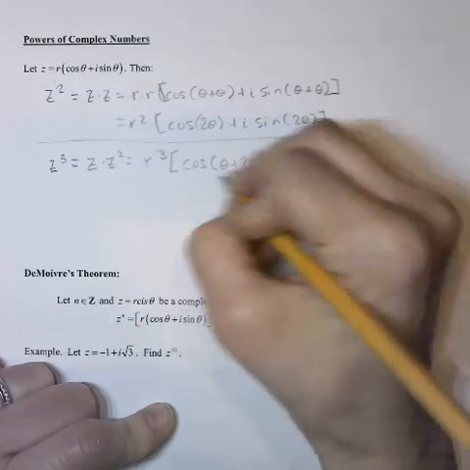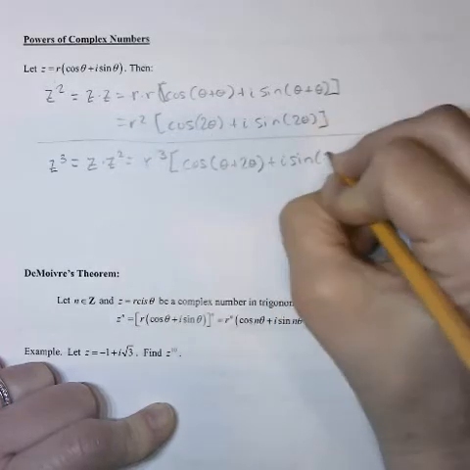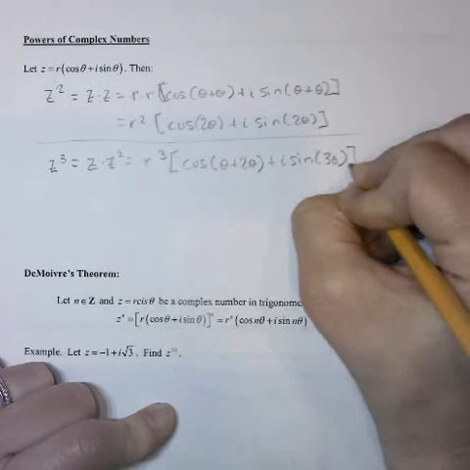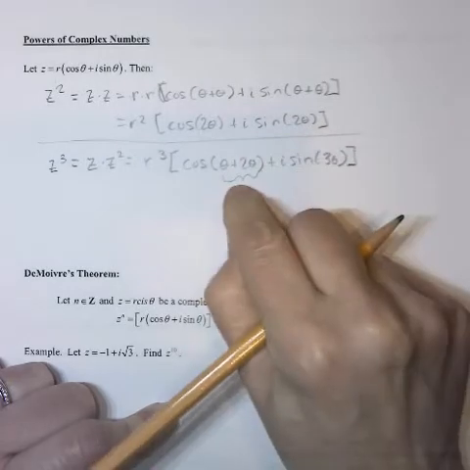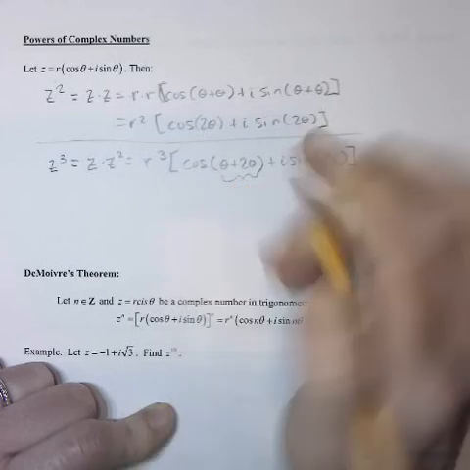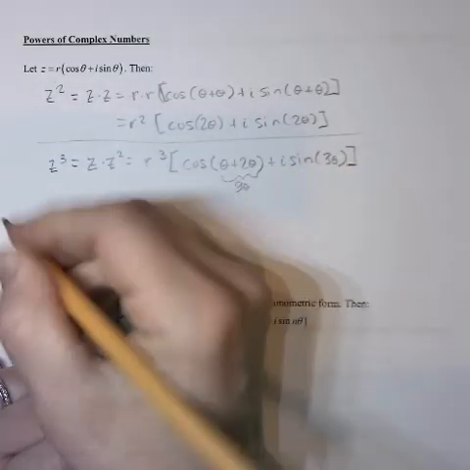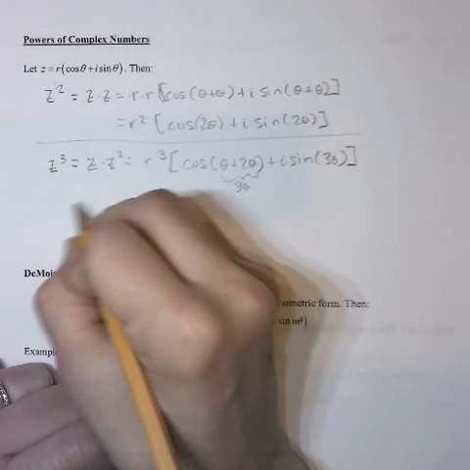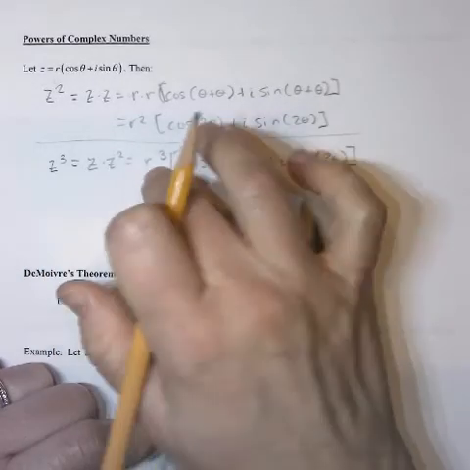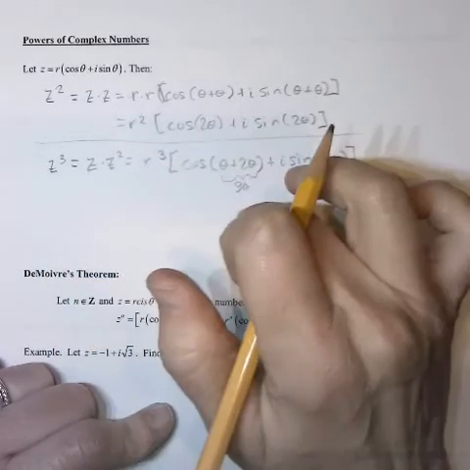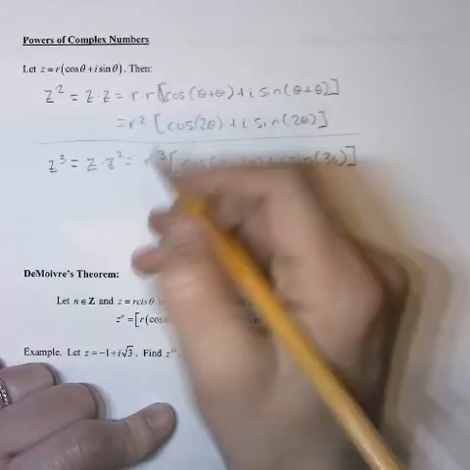And of course that's 3 theta. I'll just write 3 theta in the second argument here, instead of rewriting it. And then z to the fourth, we'd get r times r cubed, r to the fourth. And then 3 theta plus theta would be 4 theta, etc.